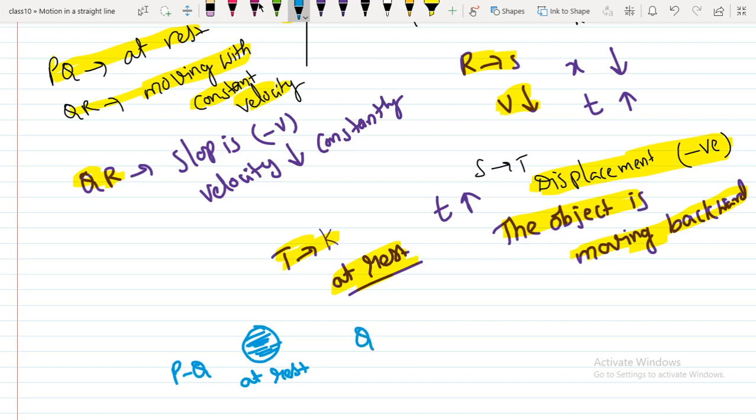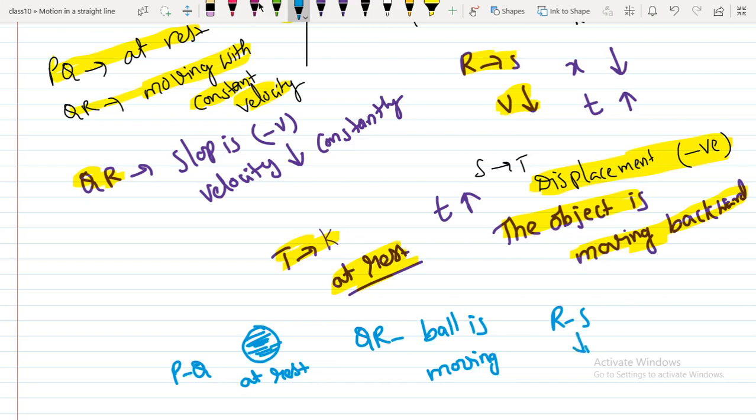From Q to R, the ball is moving positively with the help of some external force. Then from R to S, the ball is hit by some object, maybe it hits the wall.